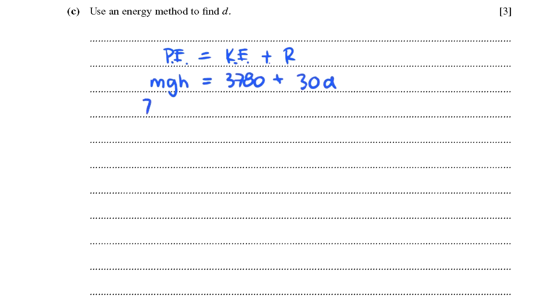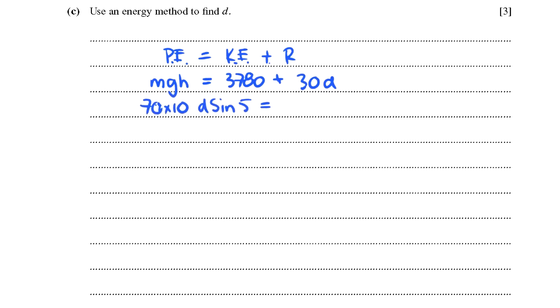All right, the potential, the mass is 70, gravity is 10, and the height, well, it's not d, it's the vertical height, and the vertical height at an angle of d is the hypotenuse, is going to be d times the sine of the angle, which is 5.